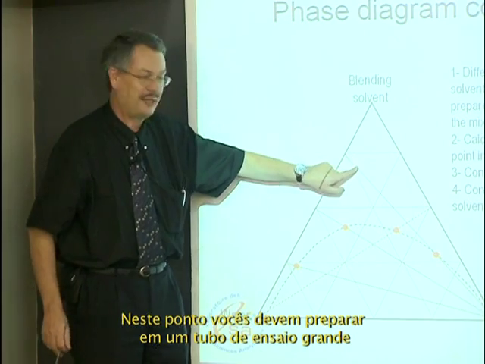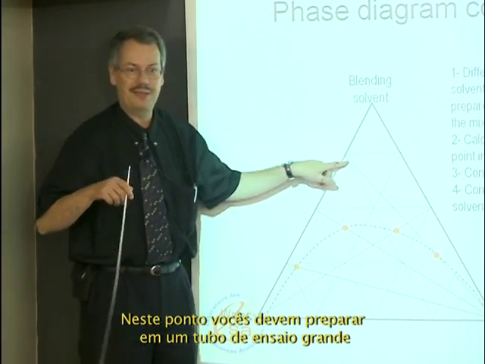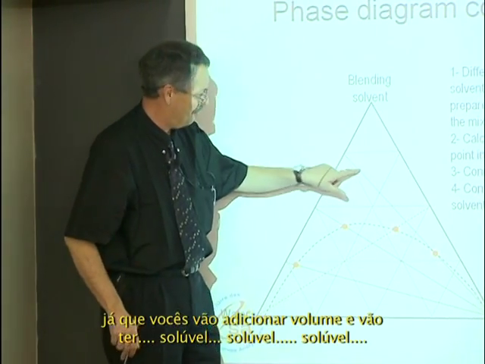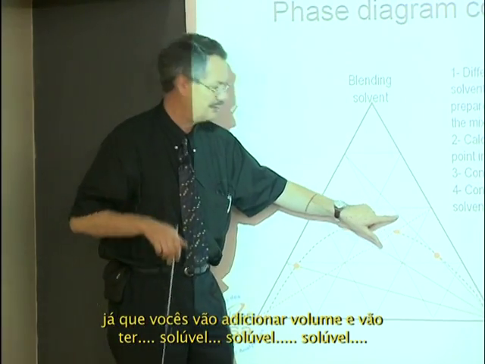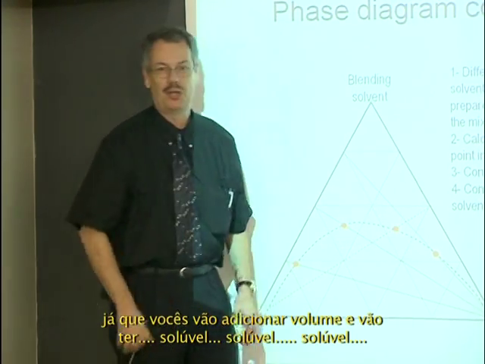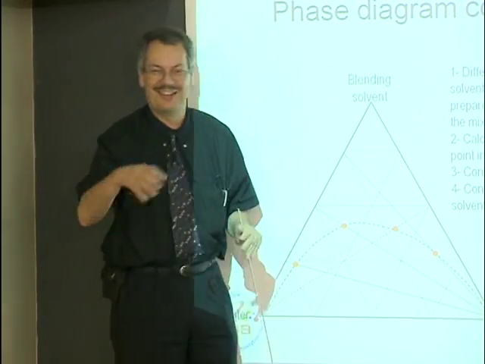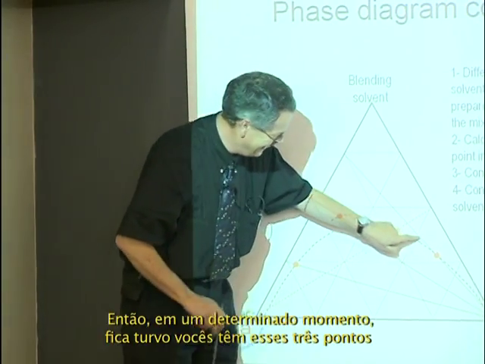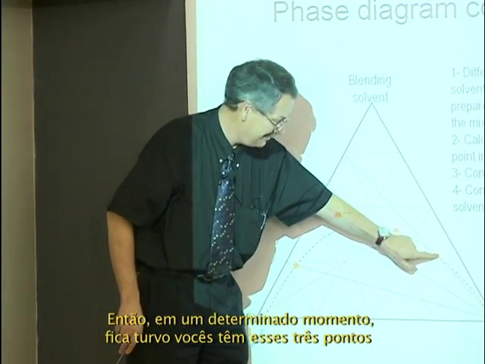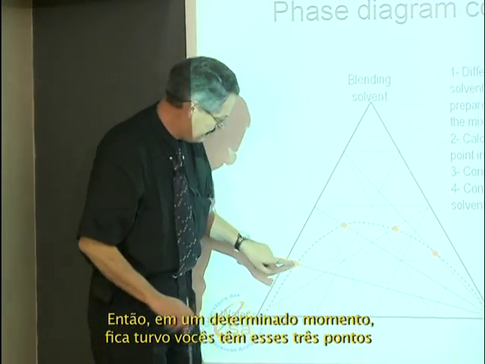On this one, you must prepare maybe a large tube, because you add volume, soluble, soluble, soluble, so let's change to a bigger one. And at a certain point, it becomes cloudy. So you get those three points.